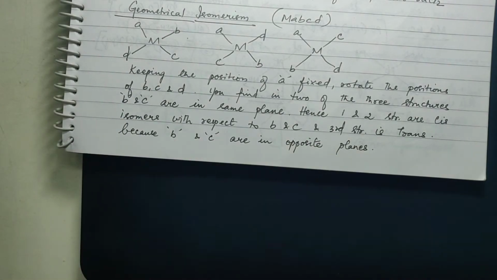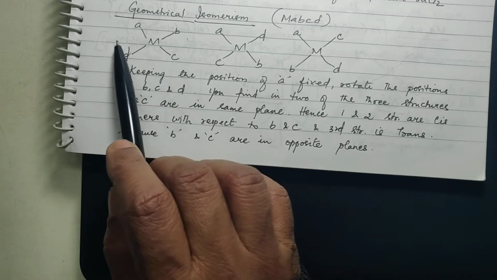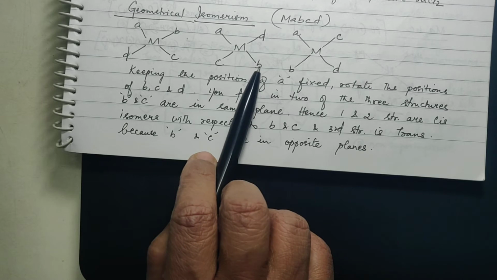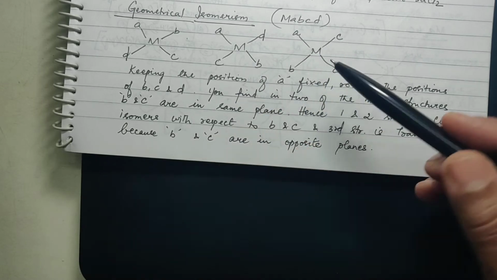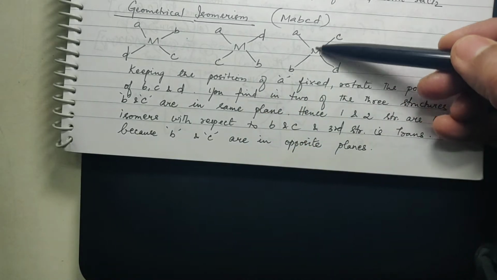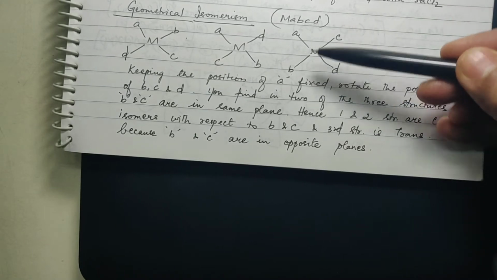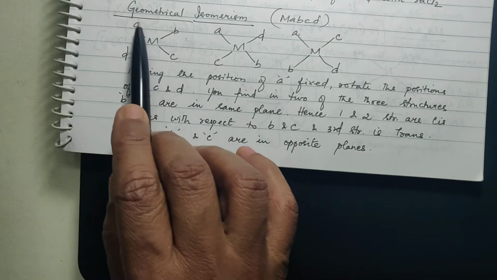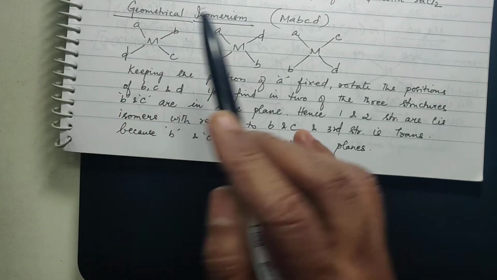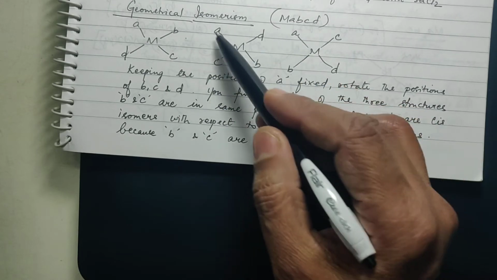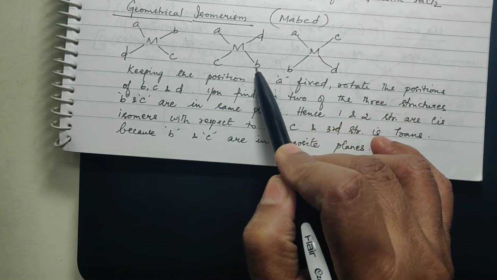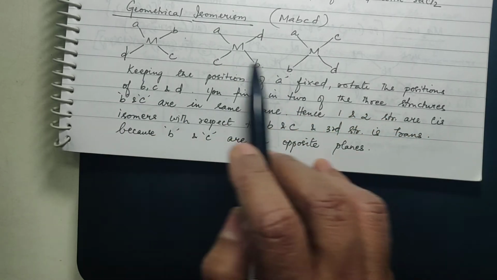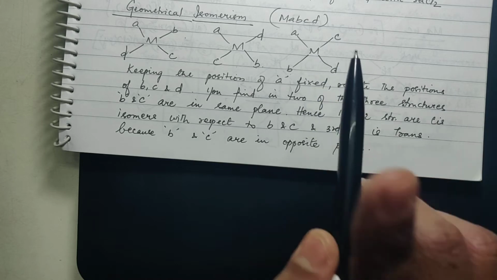So here, supposing I take A and B on the same plane, and here A and B are in 2 different planes. If I make the plane here, then A and B belong to the same plane. If I make the plane here, then A and B belong to the same plane. But whether I put it this way or this way, A and B are in 2 different planes. So this is trans, whereas these two are cis with respect to A and B.